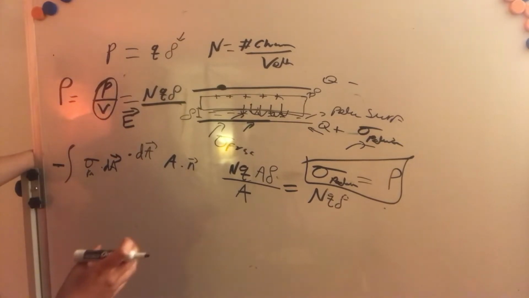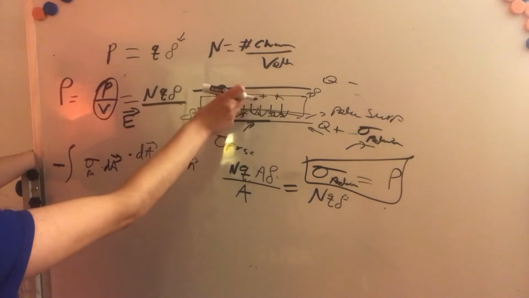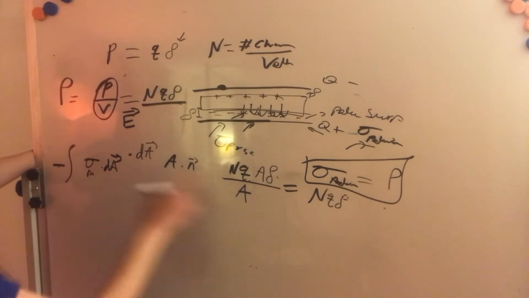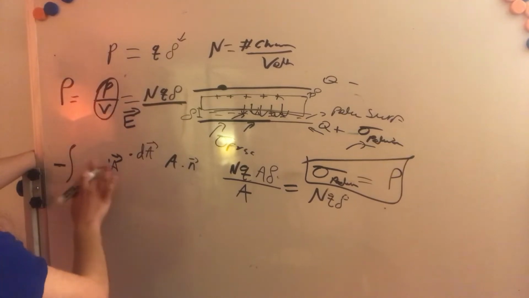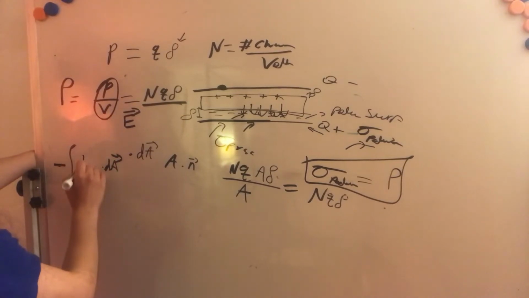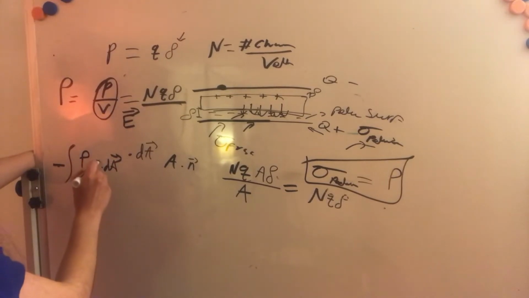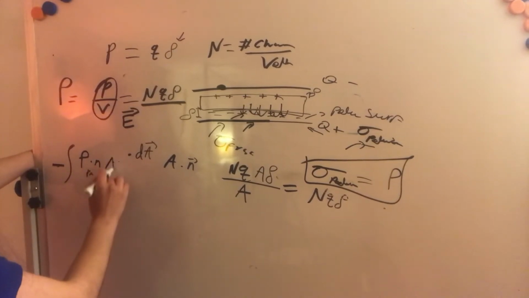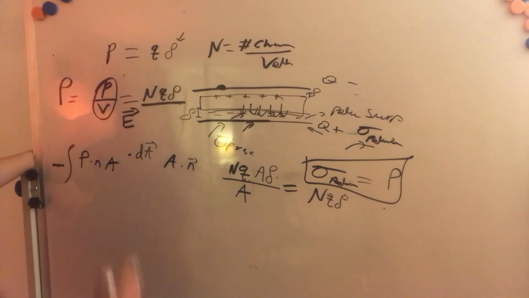And now we can think of these charges that are moving. We can put this as P, like this P, and n dot A. So we don't put it as the vector notation. You can put it like this, as Feynman did.